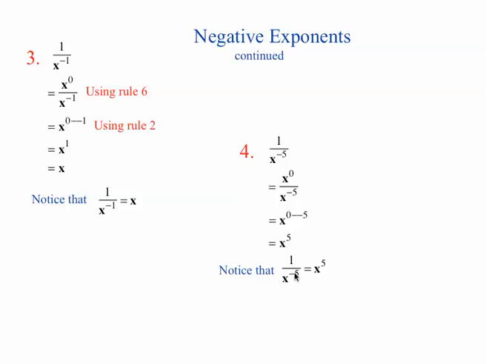Notice that whenever we have a negative exponent, basically it's on the wrong floor. If your negative exponent was in the numerator, we moved it down to the denominator and it became a positive exponent. When it's in the denominator with a negative exponent, we moved it up into the numerator and it became a positive exponent. So rule number 7 is: if you have x to the negative n in the numerator, we move it down to the denominator and it becomes a positive exponent.